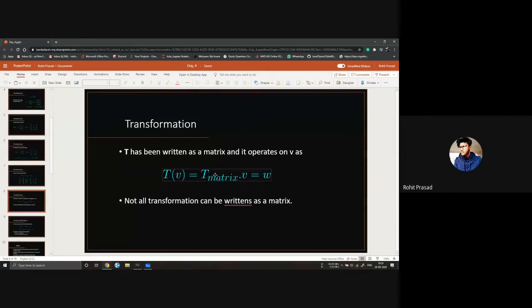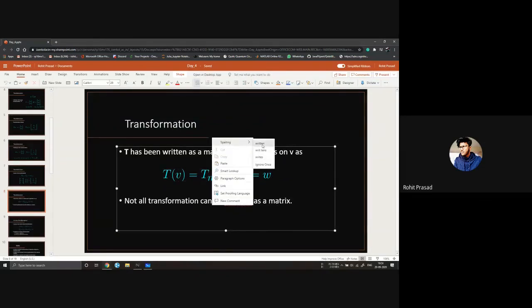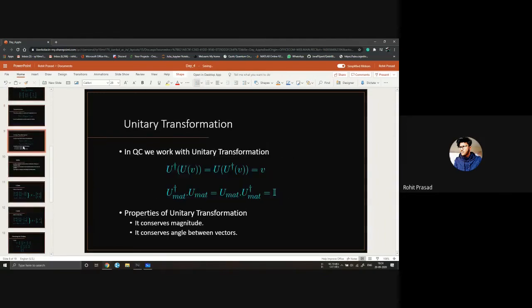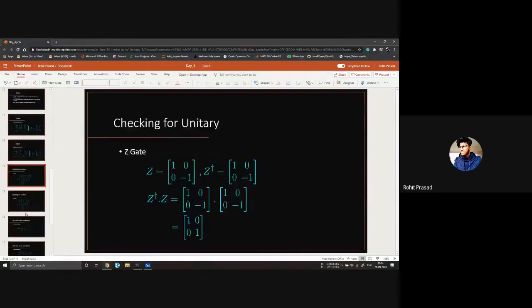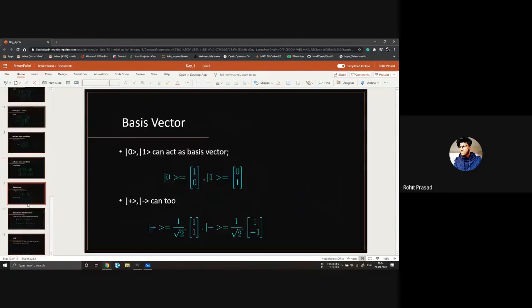Transformation of v can also be written as the transformation matrix dot v equals w. Everything that I talked to you about is there in the slides.